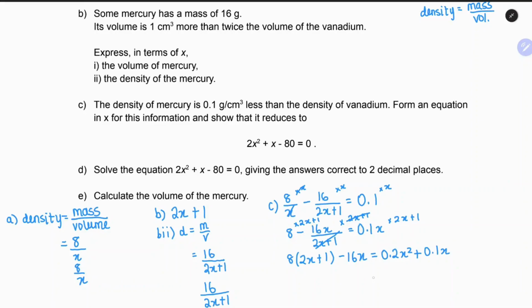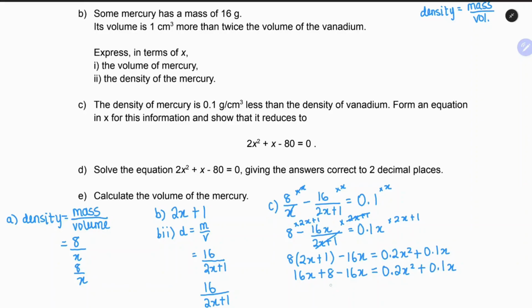So it's going to be 16x plus 8. Once we expand, 8 times 2x is 16x, 8 times 1 is 8, minus 16x is equal to 0.2x squared plus 0.1x.